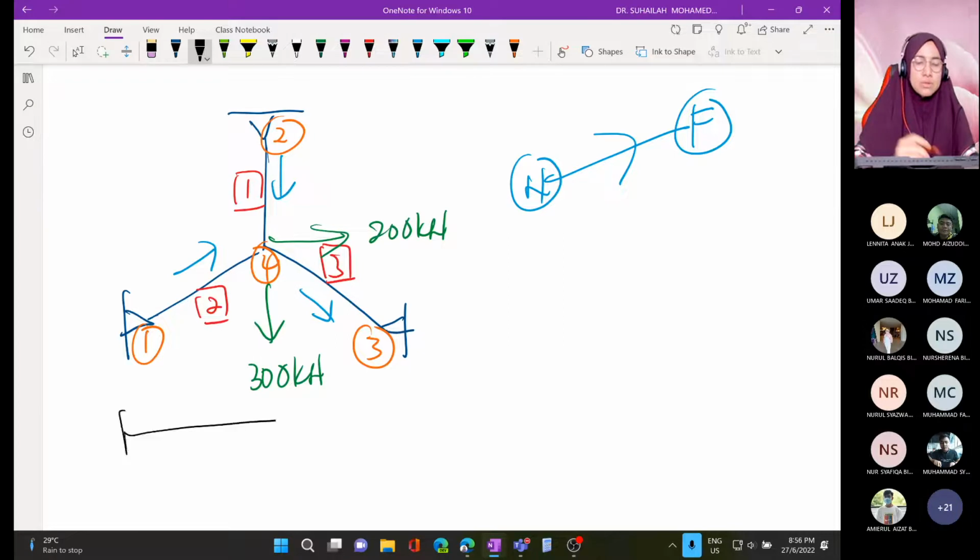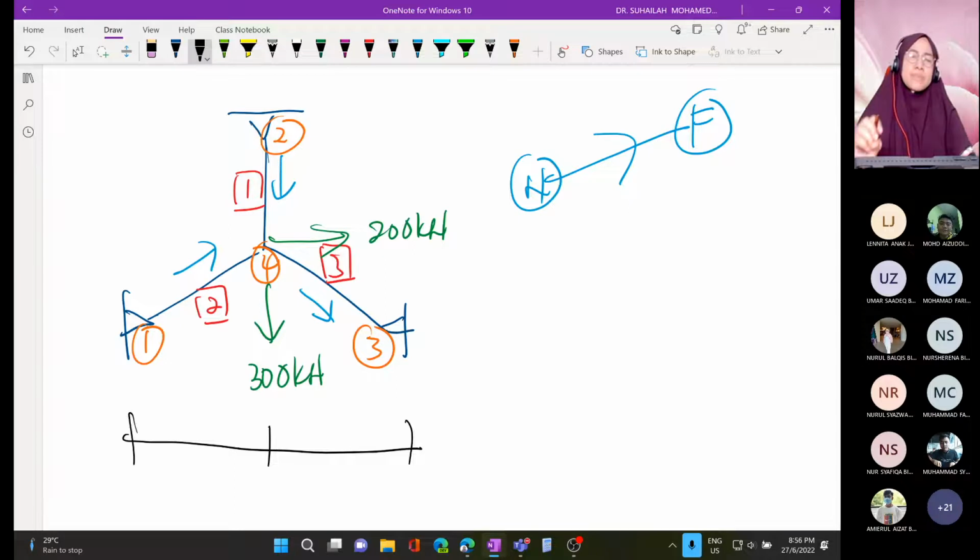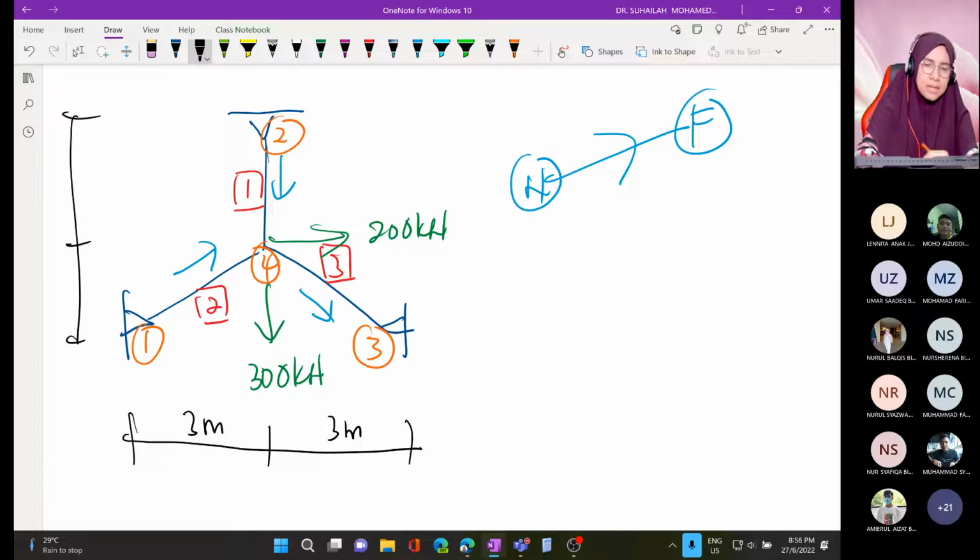So coordinate, let's say here. This is so that we can read the information, because we want to find the physical meaning of each Q and D later. Okay, so let's say this one is 3 meter. And this one, to make it easy, we put here 4 meter. Okay, so now we want to put the coordinate.